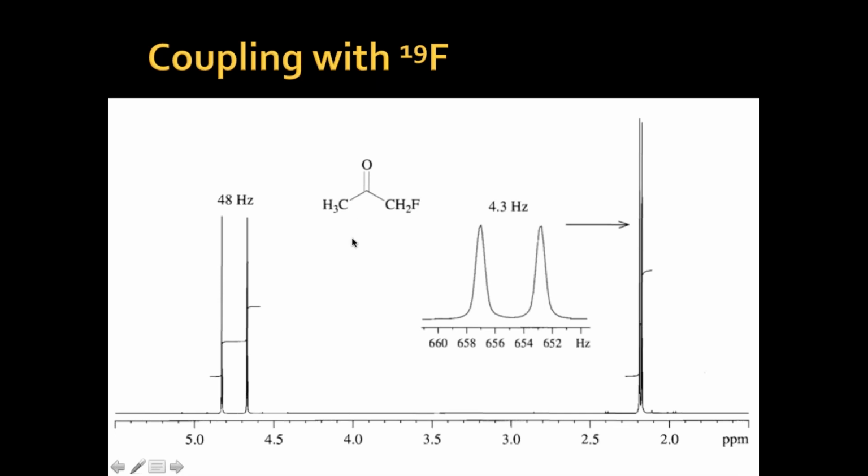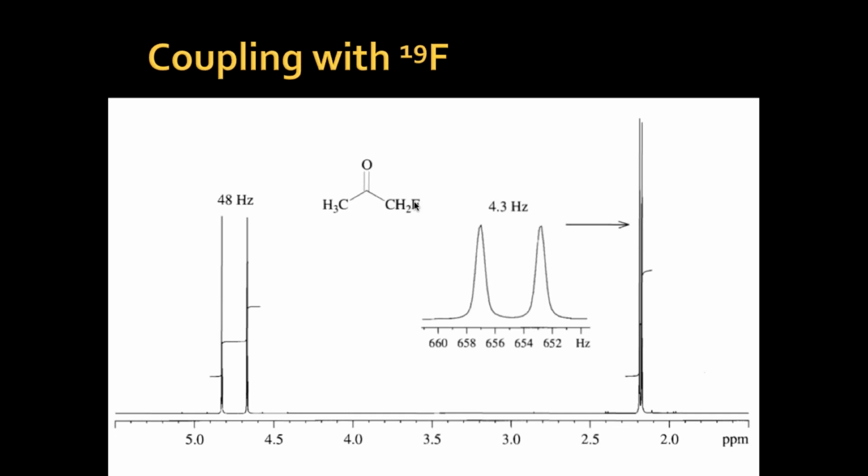This CH3 is coupled with this fluorine, and this CH2 as well is coupled with this fluorine. Now CH3 is coupled with fluorine, N plus 1. How many fluorine? 1 fluorine, 1 plus 1, 2. So it should show a doublet.